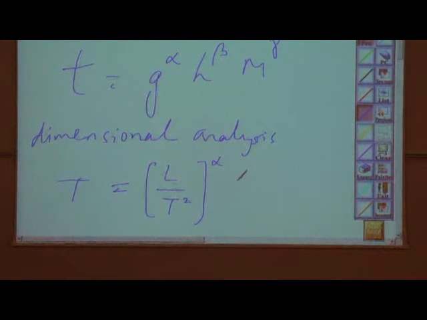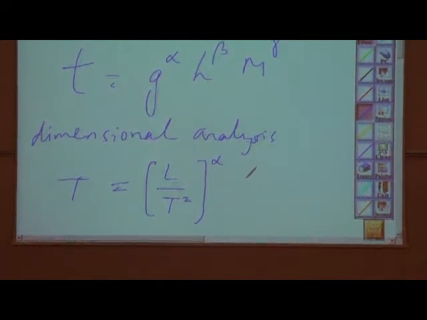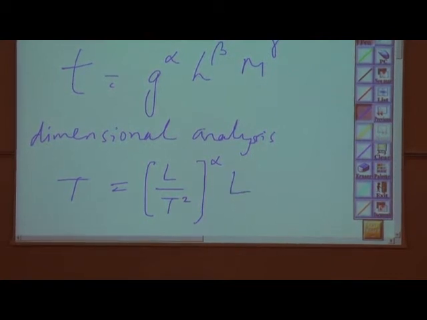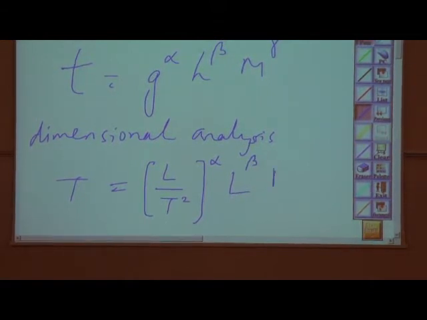And h, what's the dimension of h? Just L, right? It's just a length. And dimension of m is just M, okay? So this is L to the beta, M to the gamma.